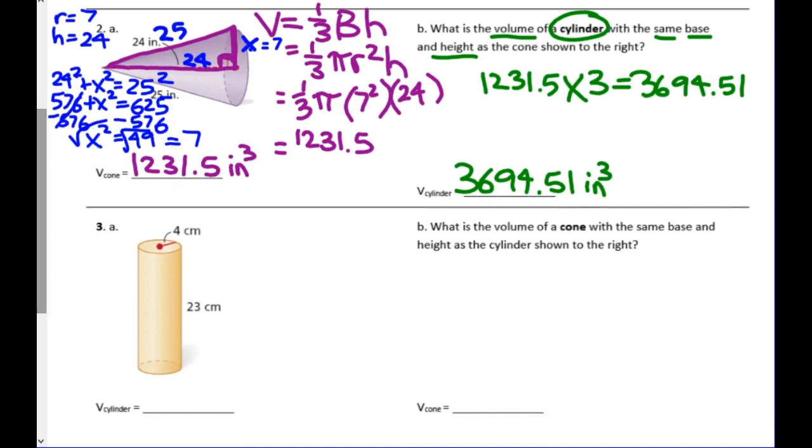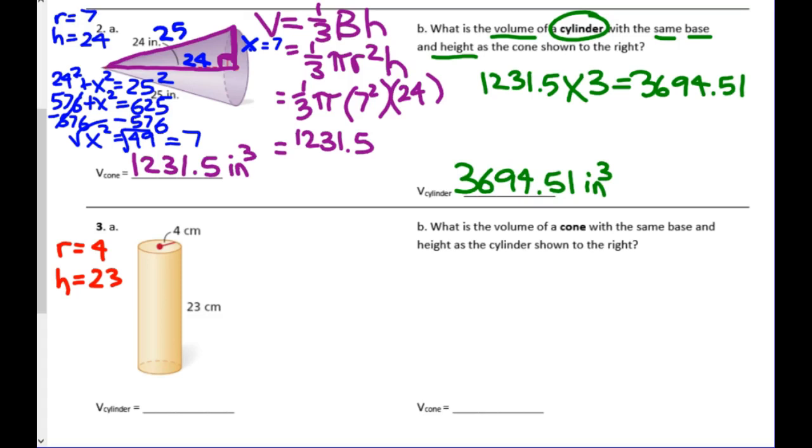Now, another softball, because I think these cylinders are a little bit easier. Do we know R and do we know H? So, R is what? 4. H is 23. What's the formula for the volume of a cylinder?